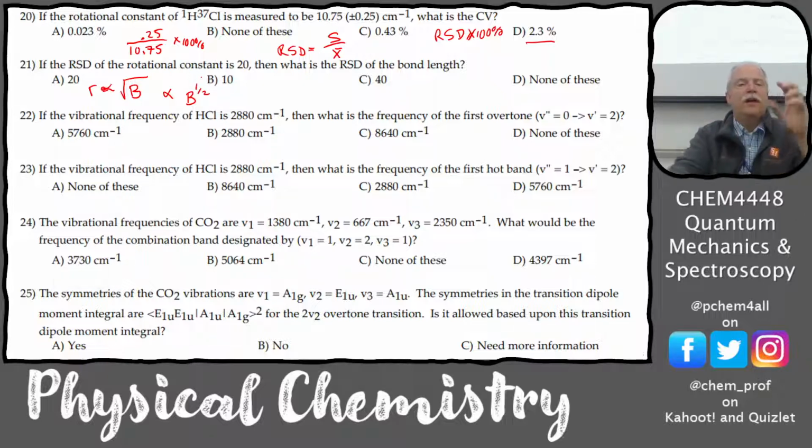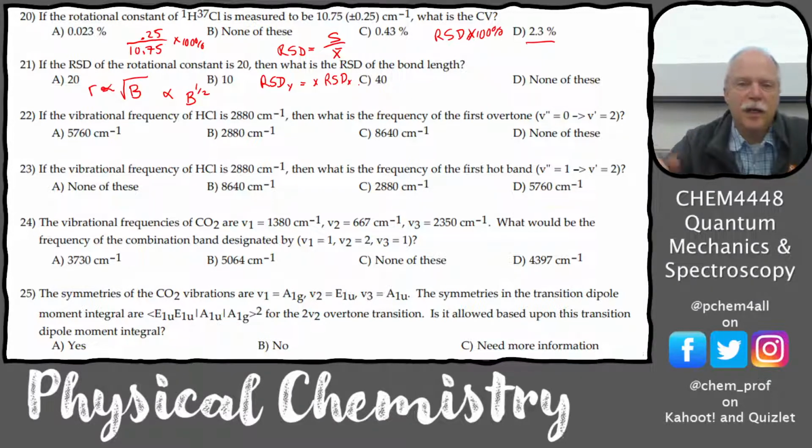In that propagation of uncertainty, the RSD of y is equal to that power x times the RSD of x. I don't have that lecture available right now, but that's one of the examples.